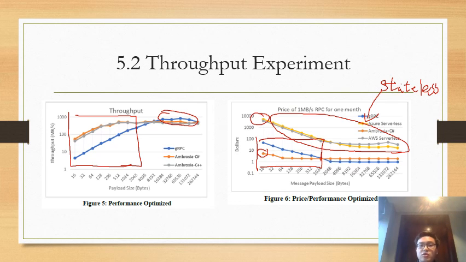Here, when the message size is smaller than 1 kilo, AMBROSIA is much cheaper than gRPC.